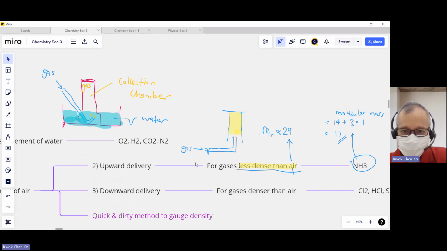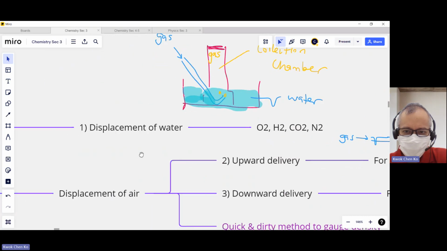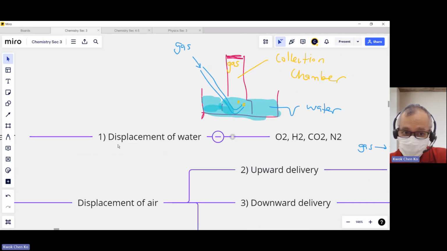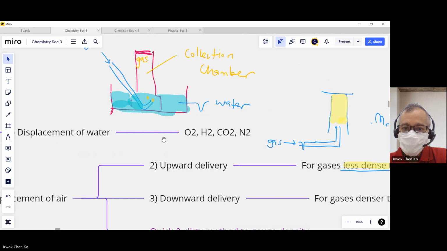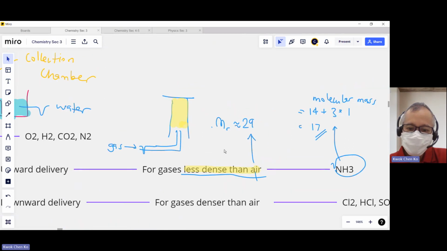But one question you may ask, can I use this method for other gases, like hydrogen? Well, hydrogen is not soluble or doesn't react with water. Answer is yes. So for hydrogen, I can use displacement of water, as shown here, or I can use upward delivery. Now look at hydrogen.